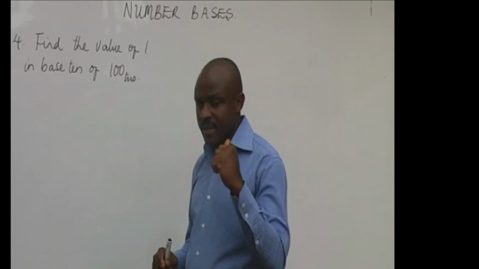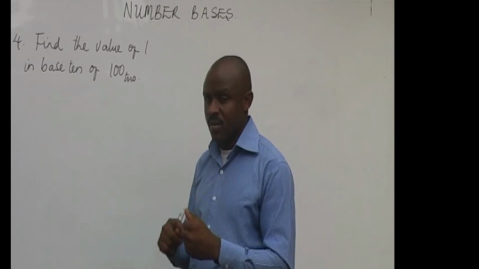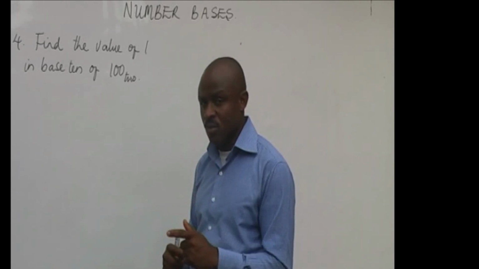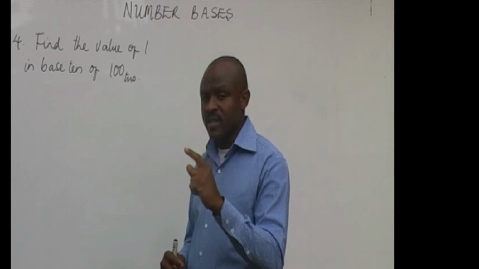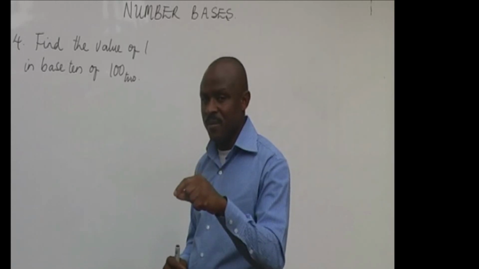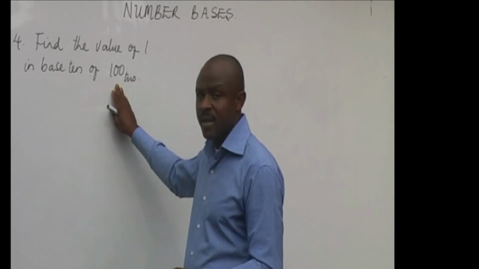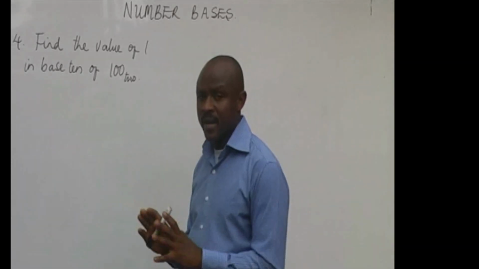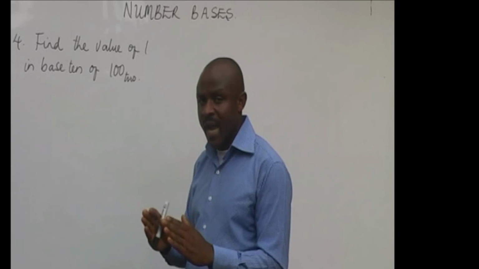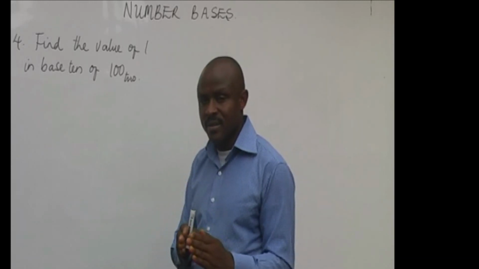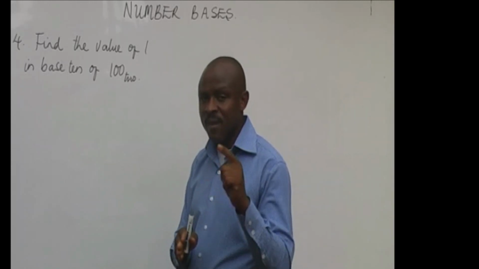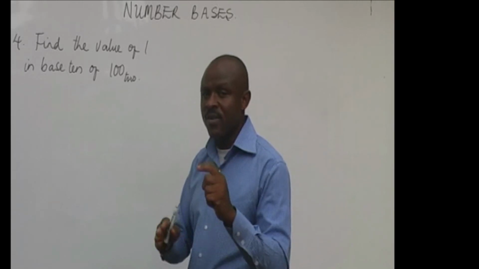The ones we did previously, in question number 1 and 2, the question says you should find the place value. In that case, you don't need to convert the given number to base 10. Just begin to multiply in progression with the base. Then you will get the place value of whatever you are asked for.